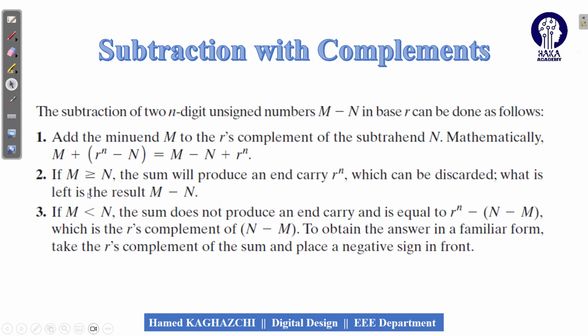Now, if M is greater than N, the sum will produce a carry. So we discard this carry and what is left is our result. So we don't need to investigate whether M is greater than N or not.